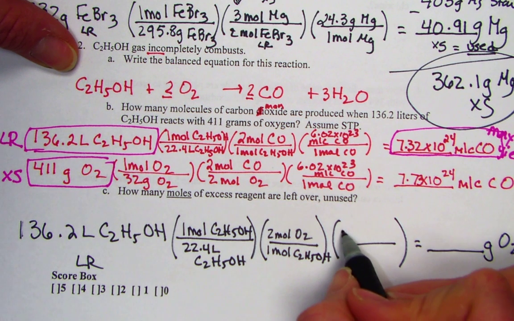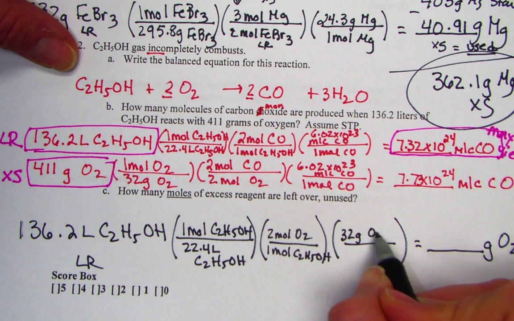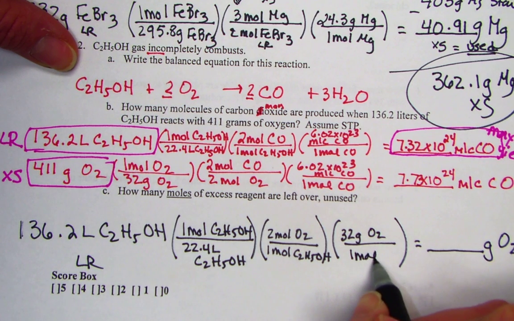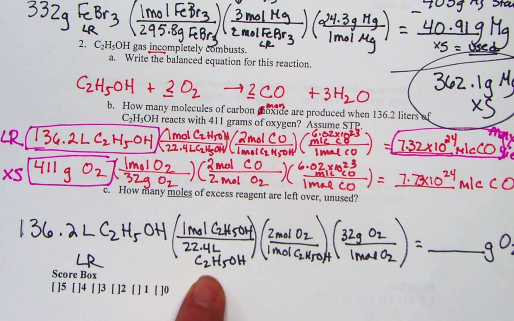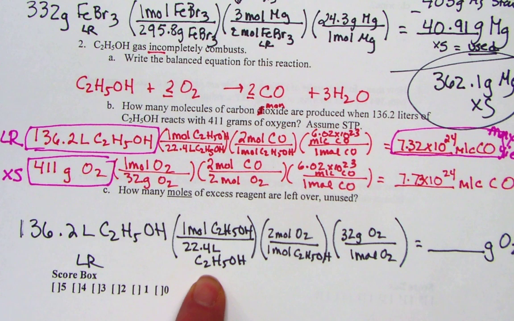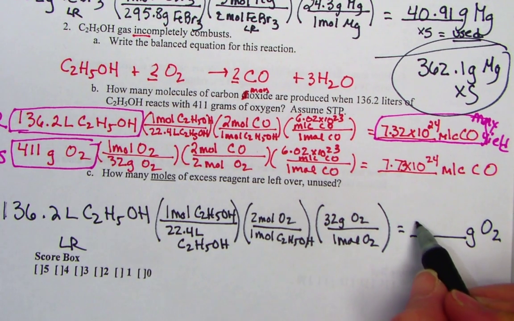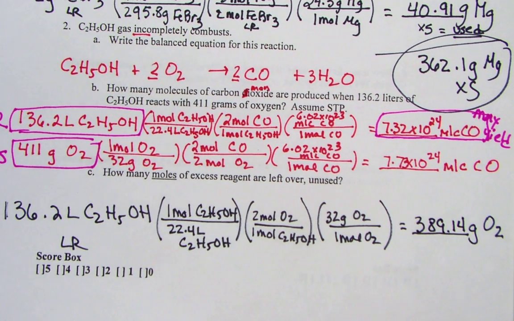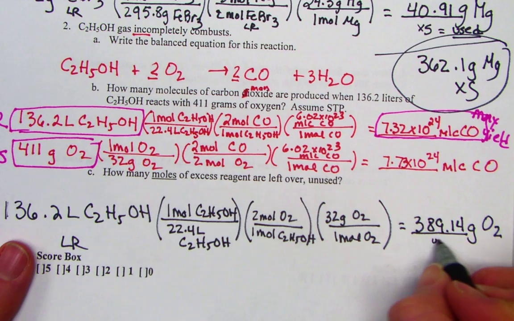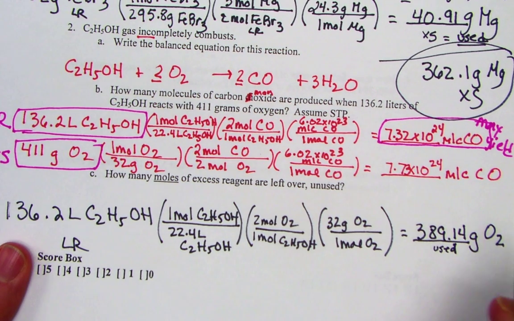To bring it to grams, we'll use the molar mass of oxygen, 32 grams in every 1 mole. We'll start with 136.2 liters, divide by 22.4, our molar volume, times 2 for that conversion of 2 over 1, times 32, the molar mass of oxygen. This is 389.14 grams of oxygen, which was consumed, used up during the reaction.